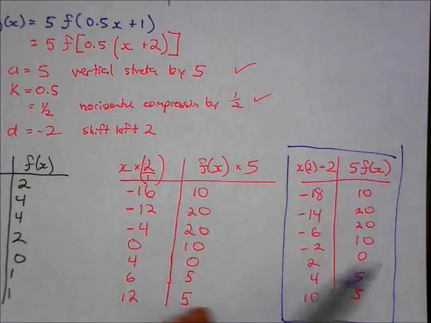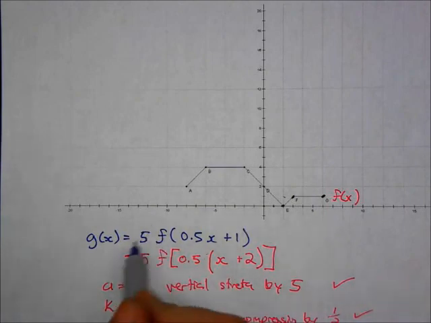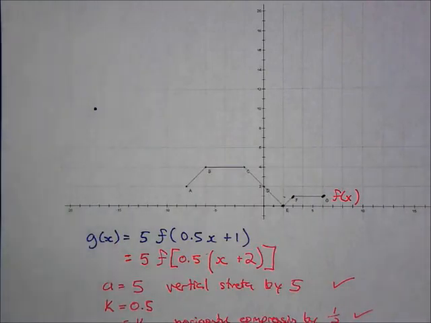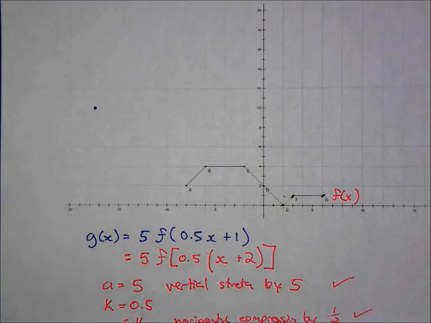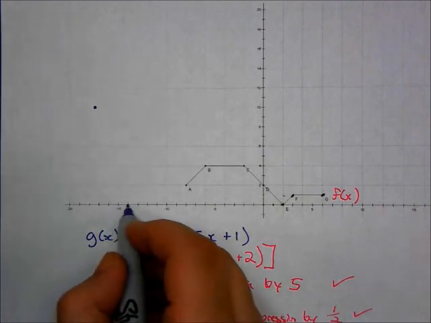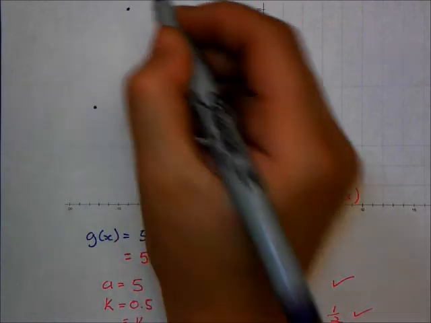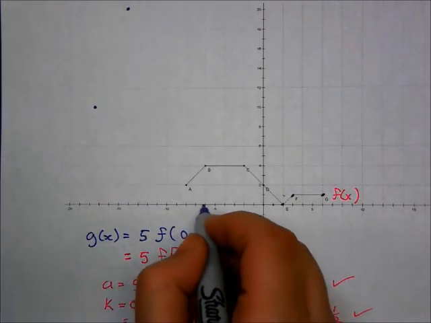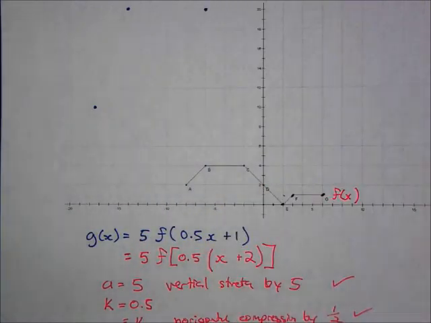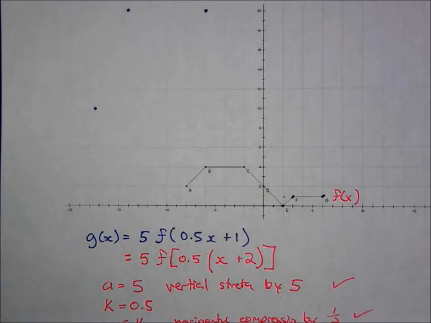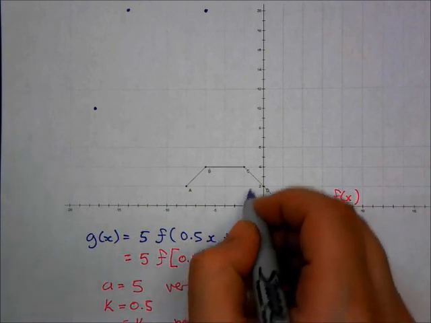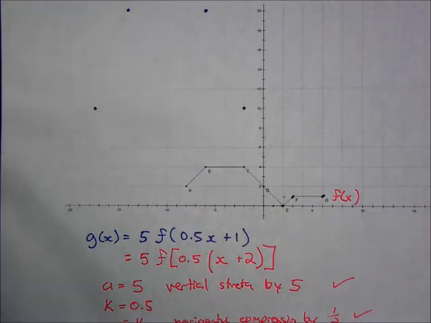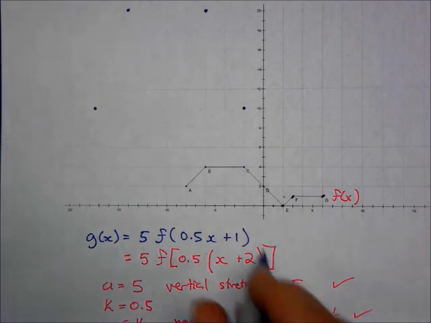Negative 18, 10. Next one is negative 14, 20. Negative 6, 20. All the way up there. Negative 2, 10. Negative 4, 5.